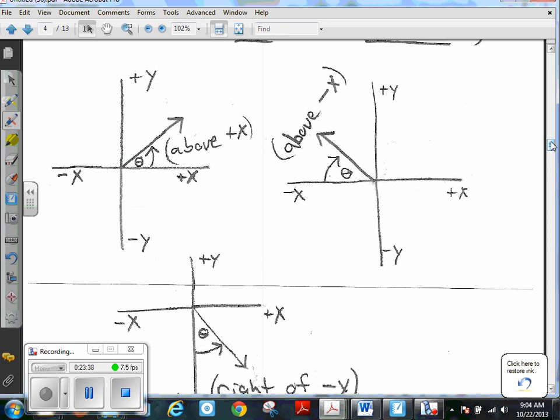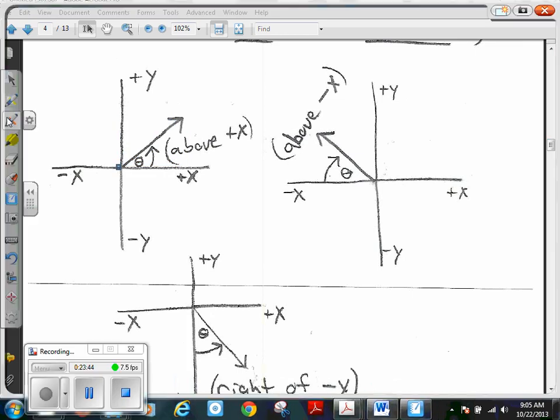Okay, so here's my vector, right here. So notice I put the tail at the origin of a grid, and if I'm labeling this theta, then you can see that it's above what we call positive x. Does that make sense? Now, if you want to, you could label 360 degrees as well.